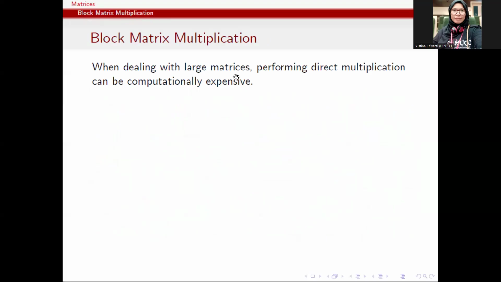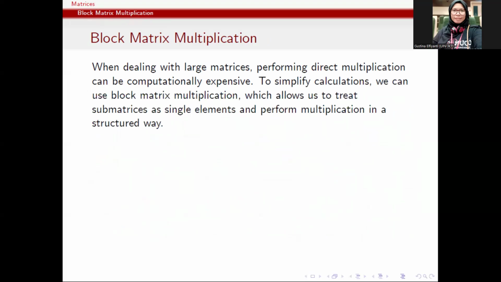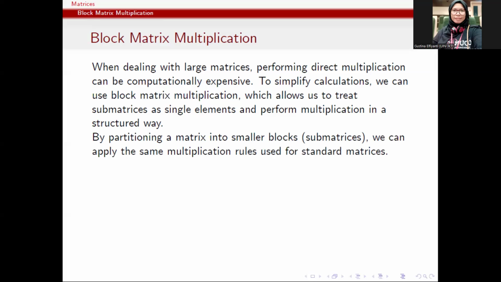When dealing with large matrices, performing direct multiplications can be computationally expensive. To simplify calculations, we use block matrix multiplications, which allow us to treat some matrices as a single element and perform multiplication in a structured way. By partitioning a matrix into smaller blocks or submatrices, we can apply the same multiplication rule used for standard matrices.